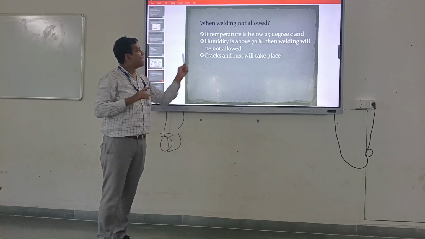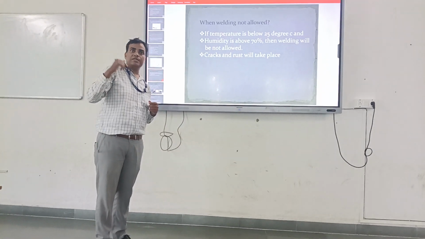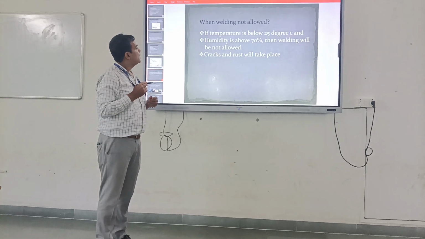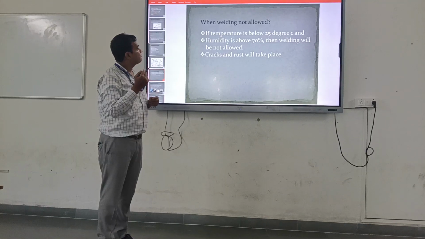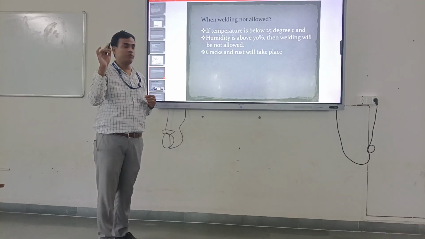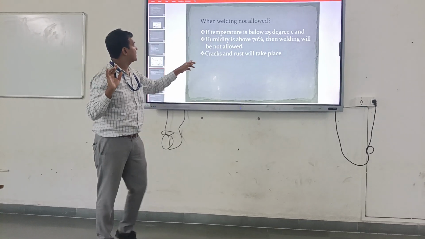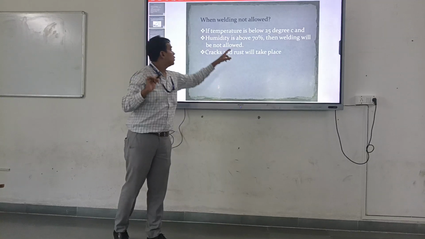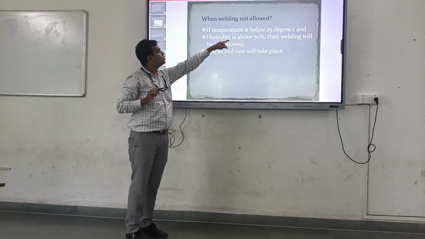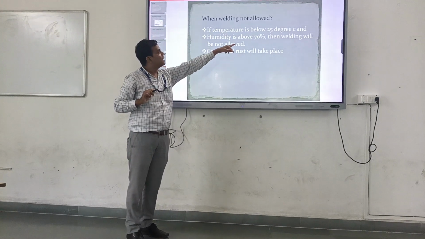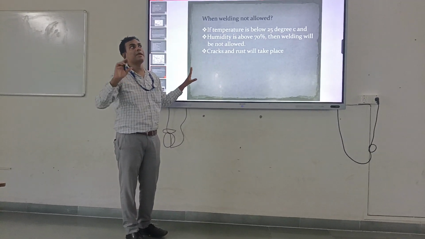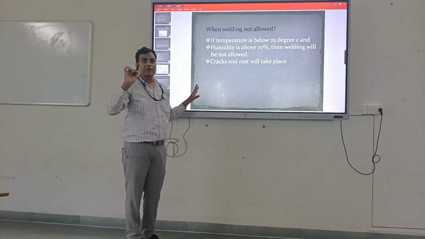So we should not go for electric arc welding if the environment temperature is below 25 degrees C and humidity is above 70%. Cracks and rust may take place when I go for welding under this condition, below 25 degrees C and above 70% humidity. That may create many defects in the welding.